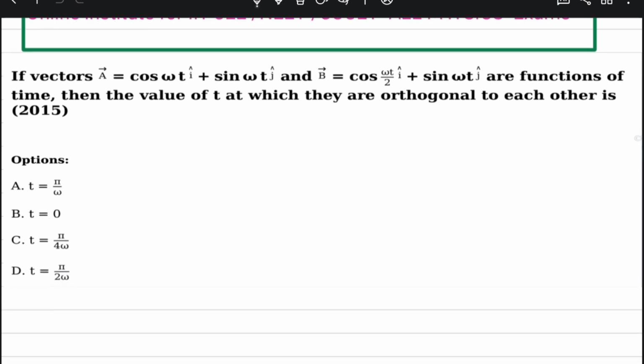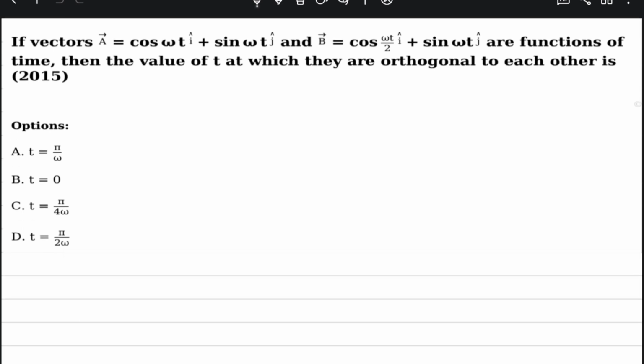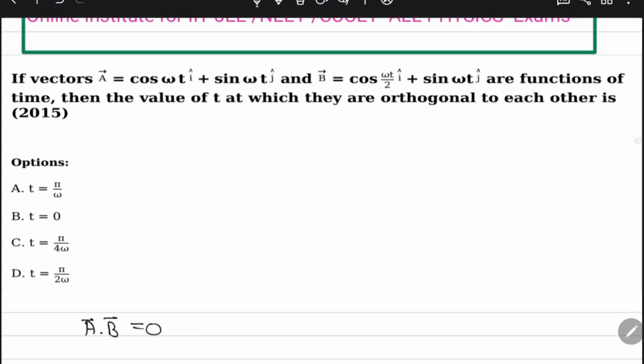If a vector and b vector are a function of time, then the value of time t at which both are orthogonal to each other means we have to find that time at which both are orthogonal, means we have to take the dot product of it and then find the time at which they are perpendicular to each other, right?